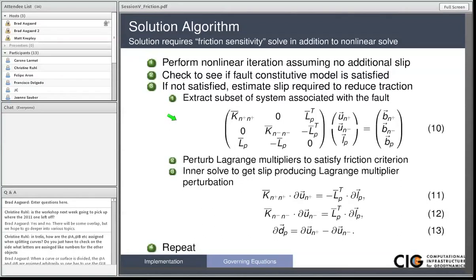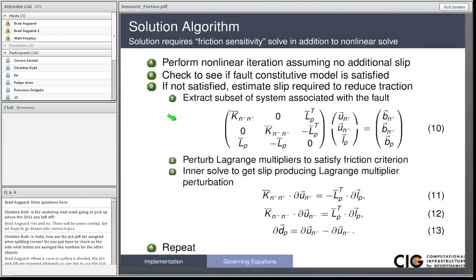Instead of updating a portion of the system and then letting it gradually migrate through the rest of the system through the nonlinear solve, we'll be solving simultaneously for all of the degrees of freedom, updating our tractions and slips simultaneously with the rest of the displacements.